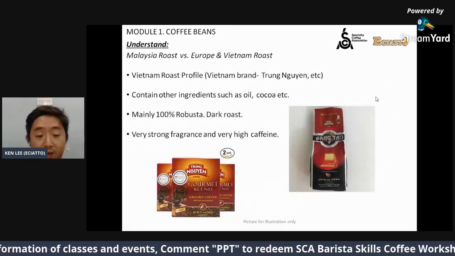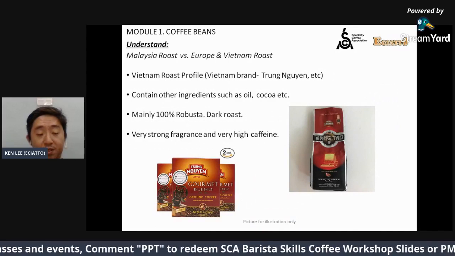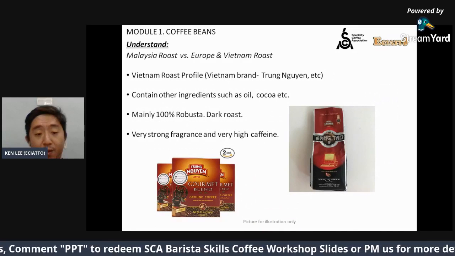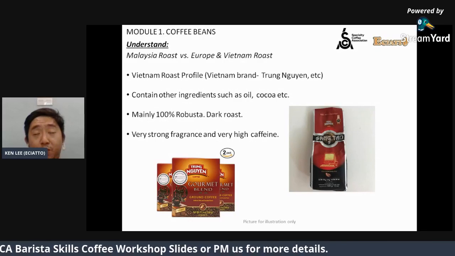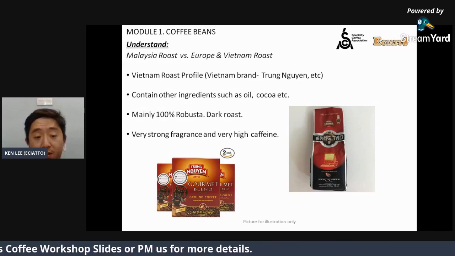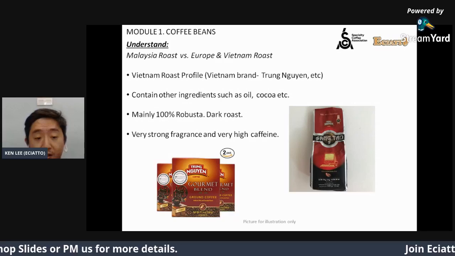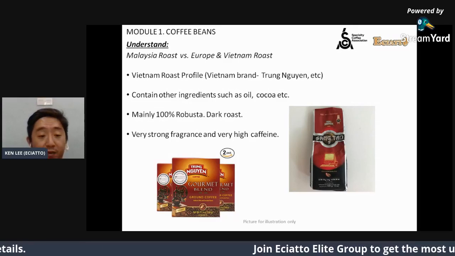Other than these kinds of coffee beans, we also have Vietnam coffee in our market in Malaysia. You can see it in supermarkets or on some grocery shelves, in these kinds of packets, normally either in drip bag or in powder form.